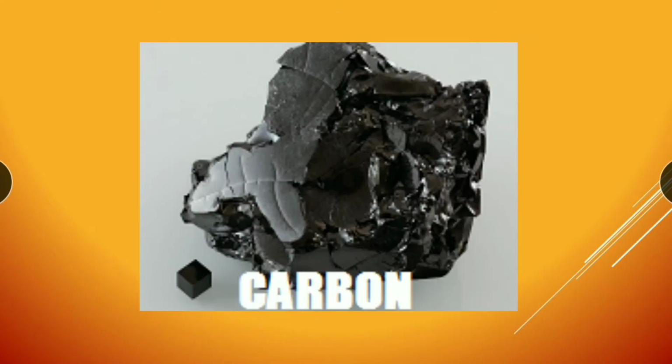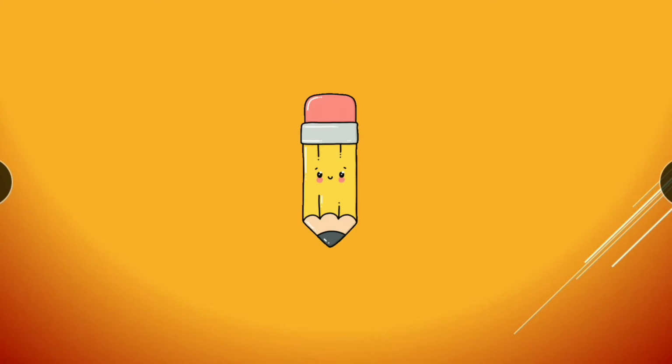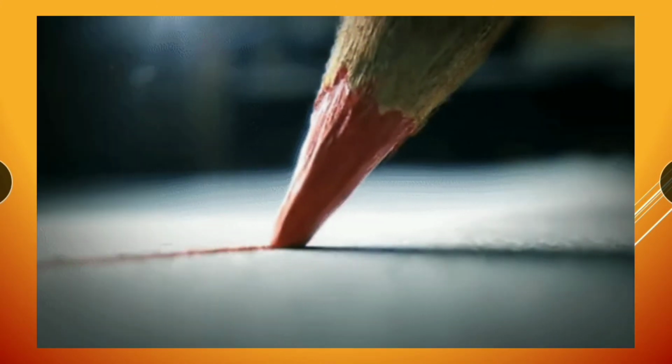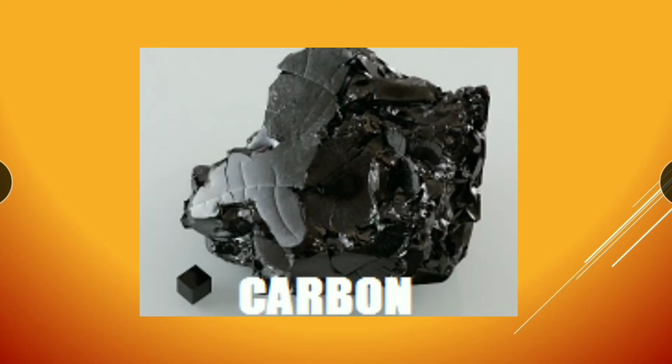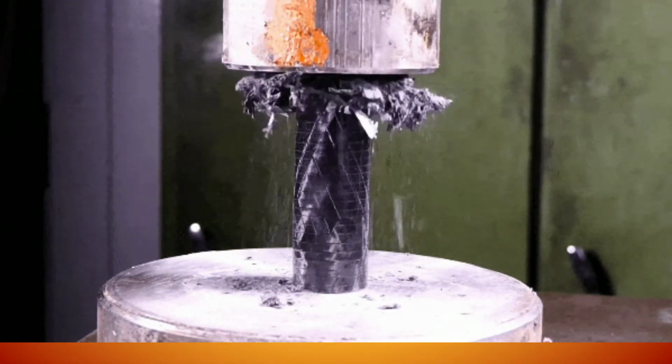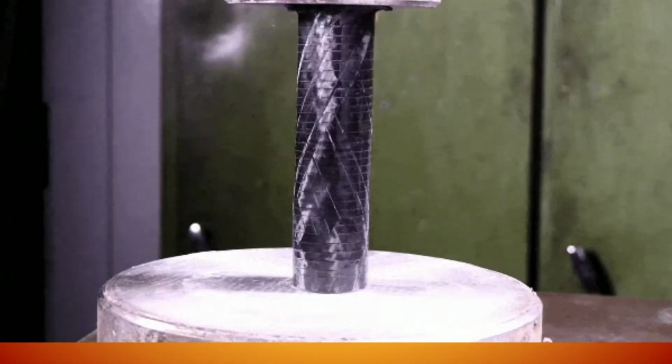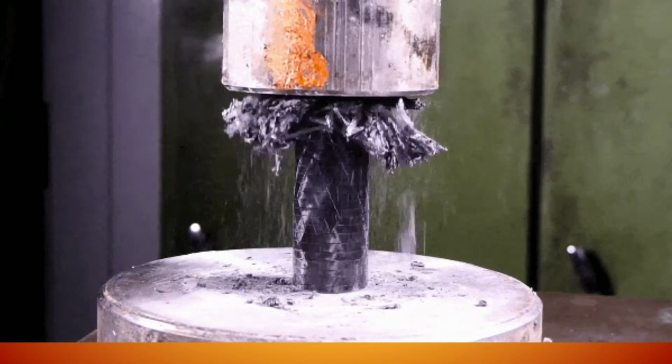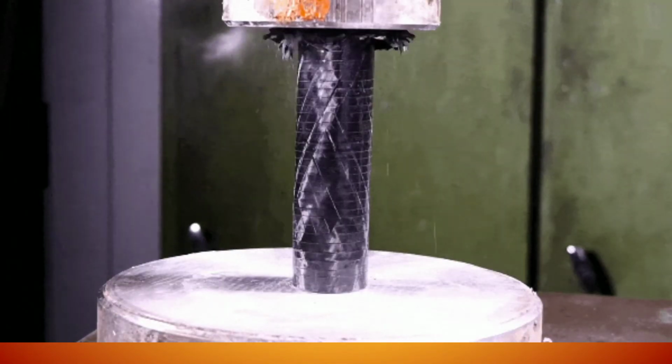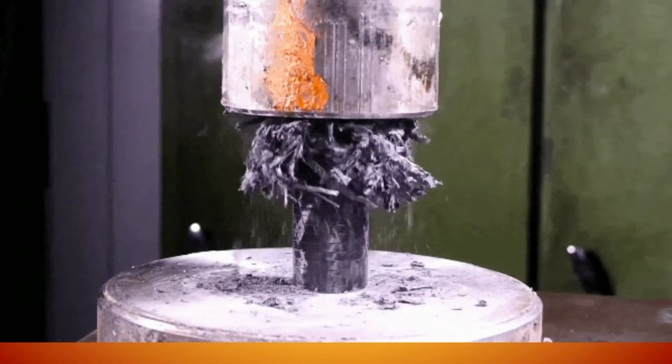If we take a piece of carbon, suppose a pencil lead or charcoal, and beat it with a hammer, it will break into pieces. We cannot hammer carbon without breaking to obtain thin sheets of carbon. Understood? Thus, carbon is a non-metal which is not malleable.